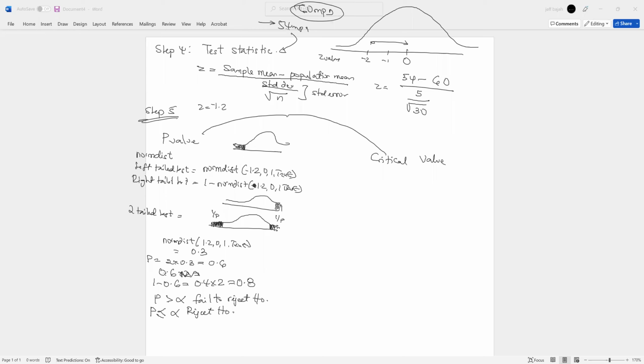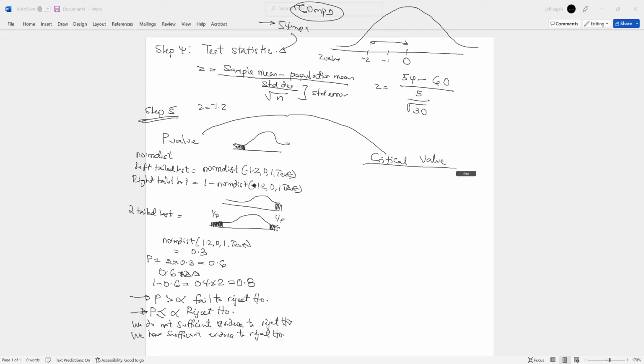So if you fail to reject H sub 0, you say we do not have sufficient evidence to reject H sub 0. But if we do the other one, then we say we have sufficient evidence to reject it.